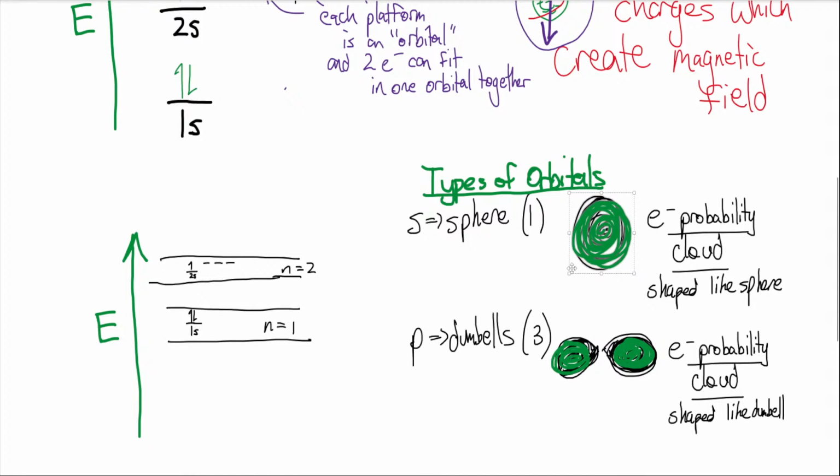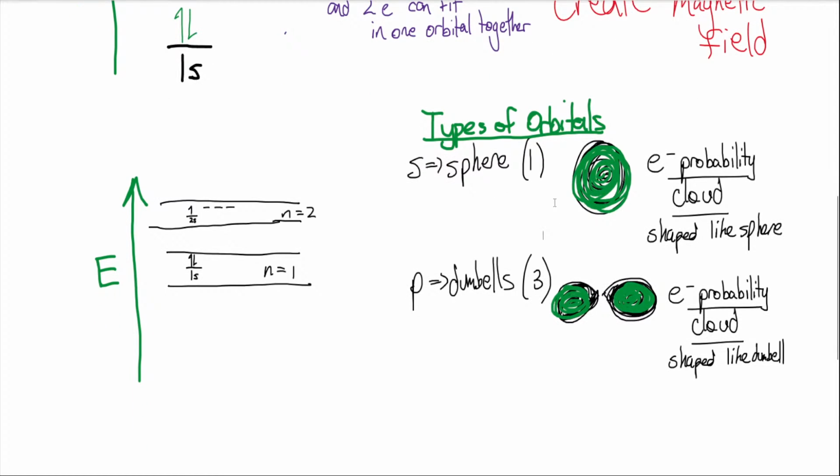So what we see first is that in n equals 1, we only have the s. When we get to n equals 2, the second shell, we access a new layer of subshells.